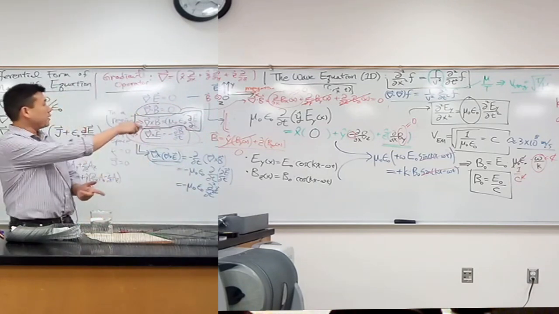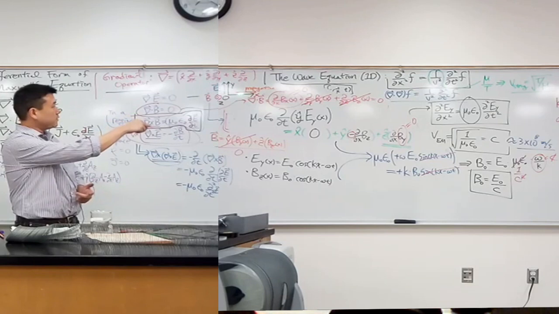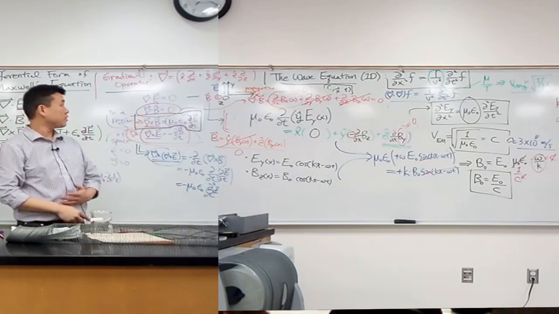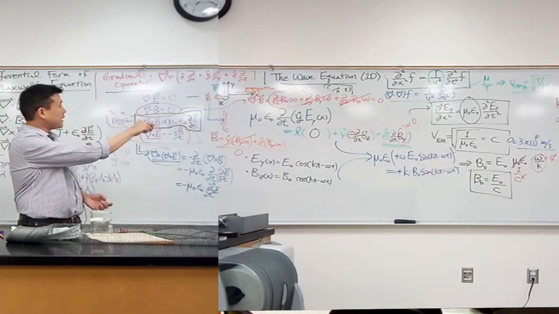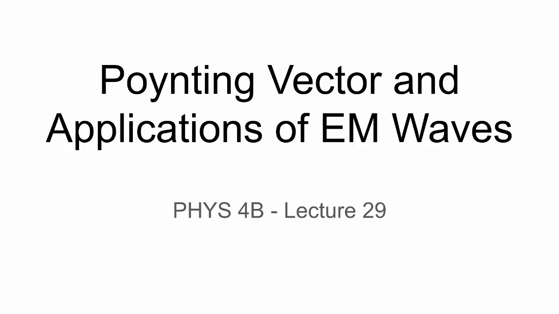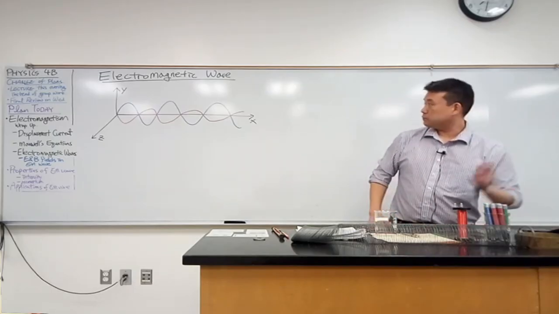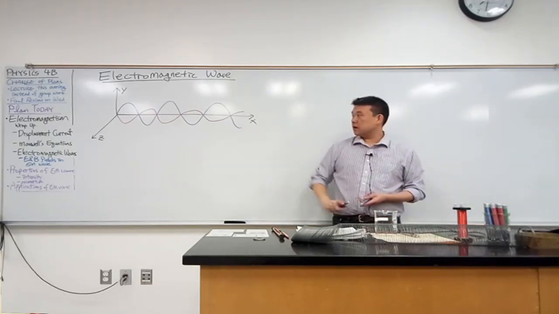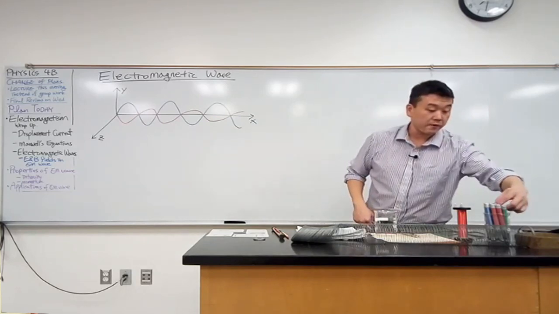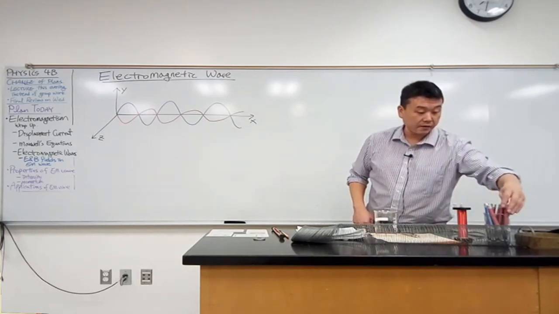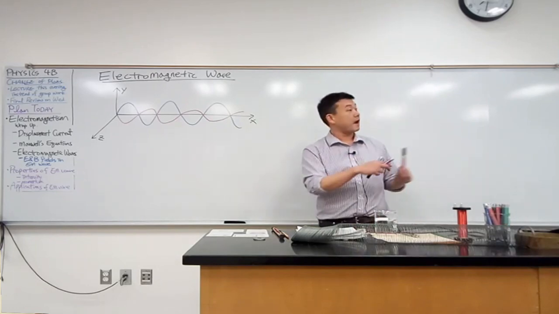All right, so that's the derivation of electromagnetic wave and some of the very basic properties of electromagnetic wave. The relationship between the direction of electric field and the propagation direction. It's a transverse wave. And the relationship between electric field and the magnetic field. So what I'm drawing here is the typical representation of an electromagnetic wave with everything that we have been talking about in the last hour.